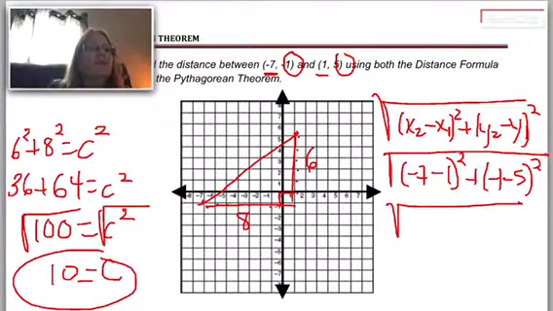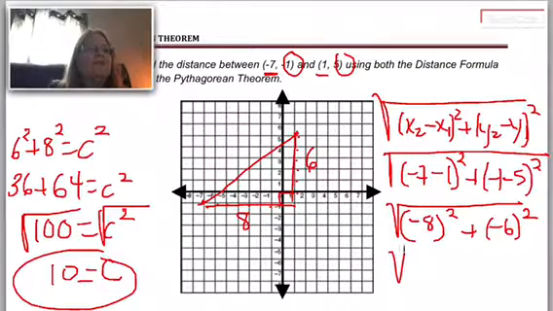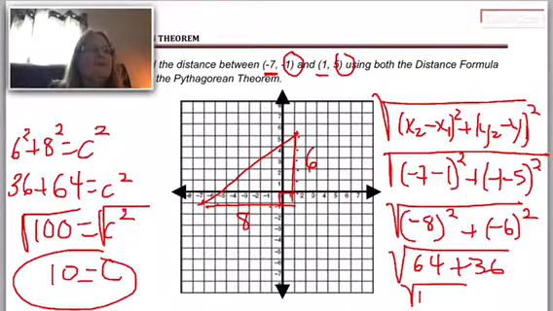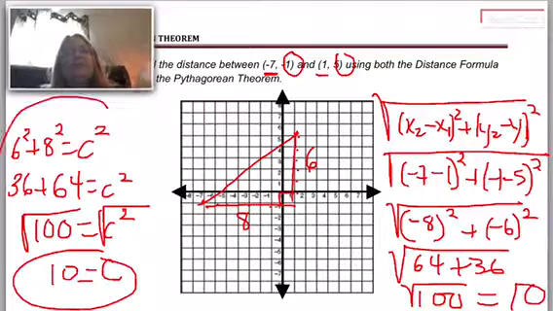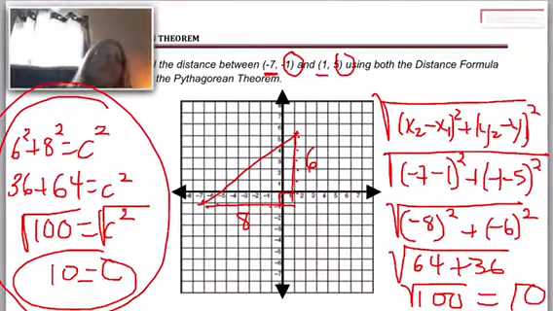I get the square root of -8 squared plus -6 squared, which is the square root of 64 plus 36, which is the square root of 100, which is 10. So I think Pythagorean theorem is a little shorter and usually a little bit easier, but the distance formula always works as well. All right, that's the end of the video.